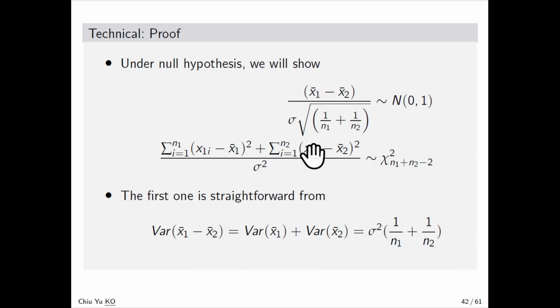So the first one is easy: that is a standard normal, because x bar has a normal distribution. For the second, how do we prove this?